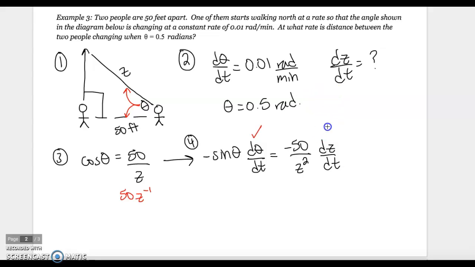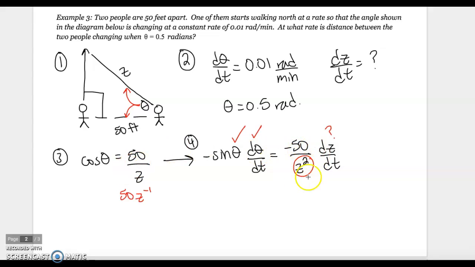Awesome. All right, so then we know d theta dt, and then we have dz dt. Oh, no, sorry. Well, that's what we're looking for is dz dt, and we know theta. So it looks like the only other variable that we need to find first before we can actually plug stuff into this derivative is your regular z. And so in our previous example, when we used Pythagorean theorem, we used the derivative of it, but then you also had to use just the original function to figure out what your y variable was.